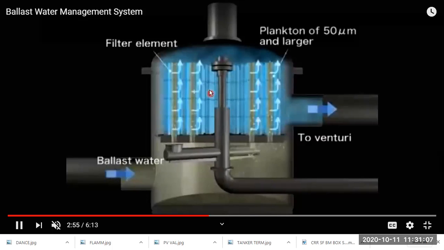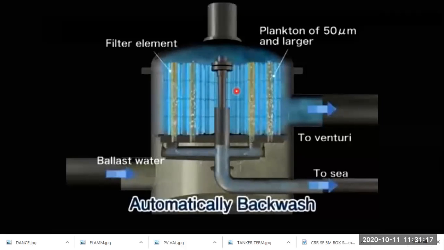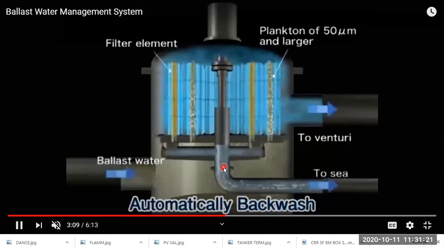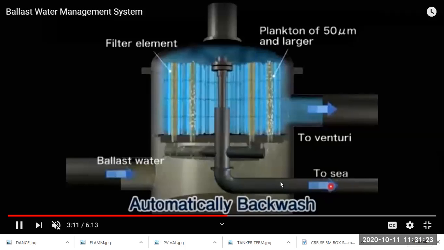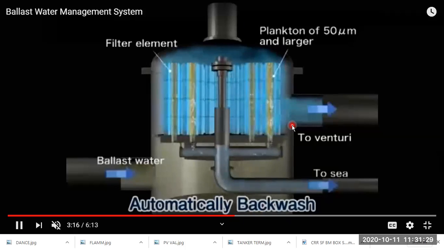You can see plankton larger than 50 microns are removed, and whatever organisms are collected in the filter are back flushed and flushed to the sea. Then the seawater passes to the venturi.